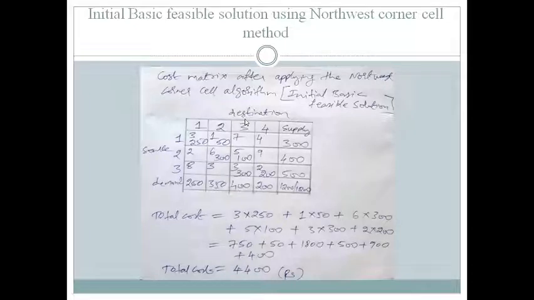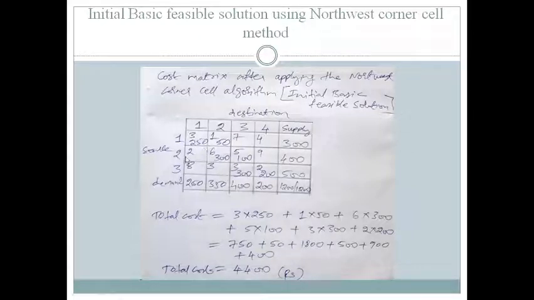The same thing applies for this, 150 is the x value we subtracted. Again for this 6, 300, 500, so 300 to 200. So the original matrix is now added with the x values as part of the cost matrix here.